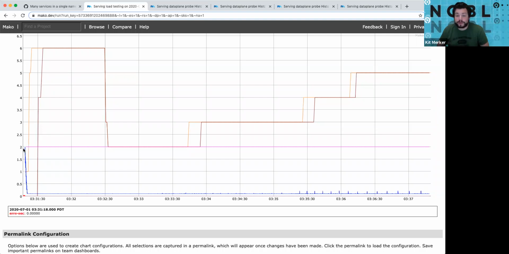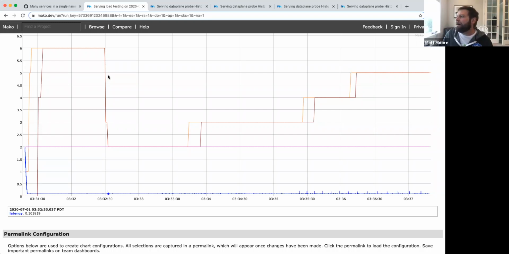Do you have a goal for that latency? I mean, is there a goal that you set, or do you just want to see what it is? Yeah, we do. I don't have it up, and it's probably not tight enough. Mako has some analyzers that will trip alerts when you cross certain thresholds, and it's got some more sophisticated things so that a one-off outlier won't raise alarm bells.